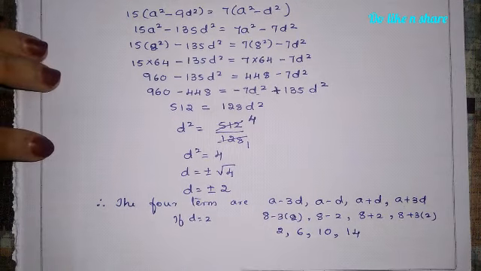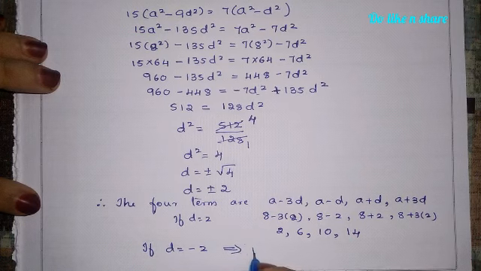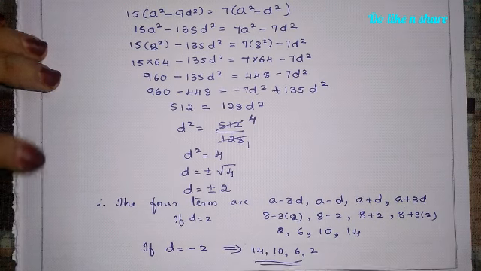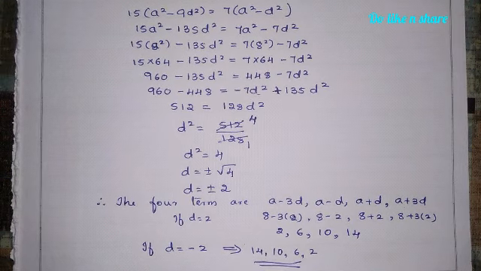So these are the 4 terms if d is equal to 2. If d is equal to −2, it is the reverse of these terms: 14, 10, 6, 2. So this completes question number 27, from the problems from the department.